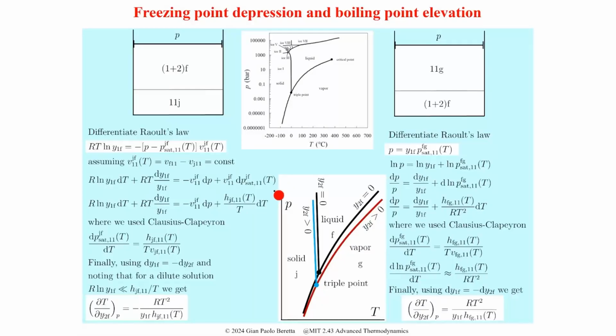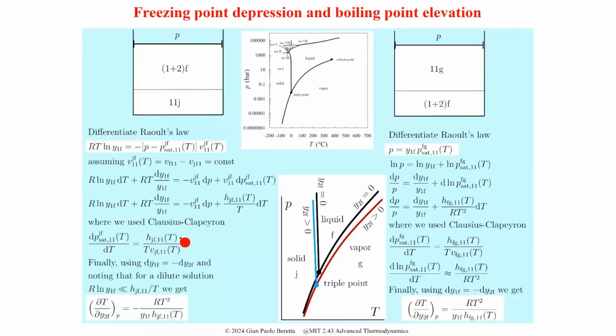So for the pure substance, we can remember the Clausius-Clapeyron relation that gives you the slope of this curve on the PT diagram. This is the saturation pressure curve, and the slope of that curve is given by the Clausius-Clapeyron relation.